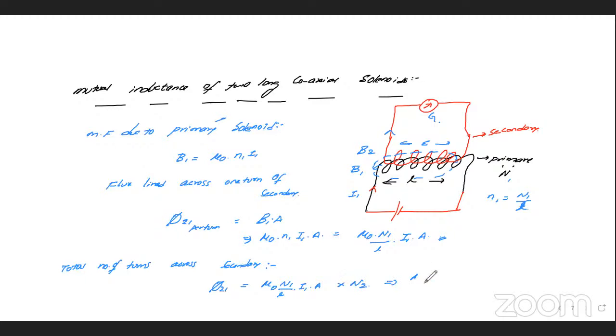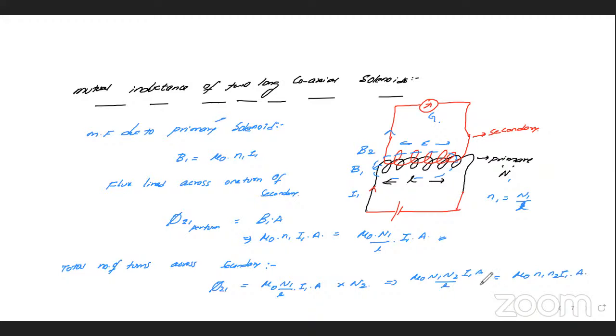So which is equal to mu naught N1 N2 I1 A divided by L. Or I can rewrite the relation where small n1 is the number of turns per unit length, as mu naught n1 N2 I1 into A. Okay, so these are your relations for your flux.